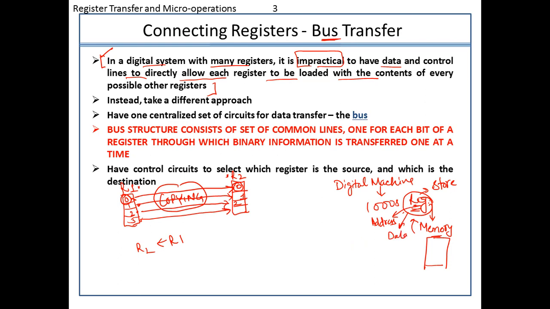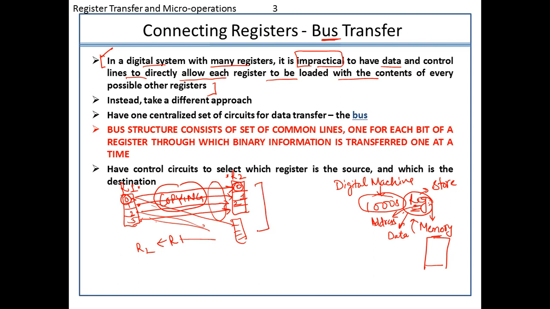You can now relate the point that for one register I need to design four different wirings. So think of a scenario when one machine is dealing with thousands of registers. It would be impractical to attach or provide wiring to each and every register like this.